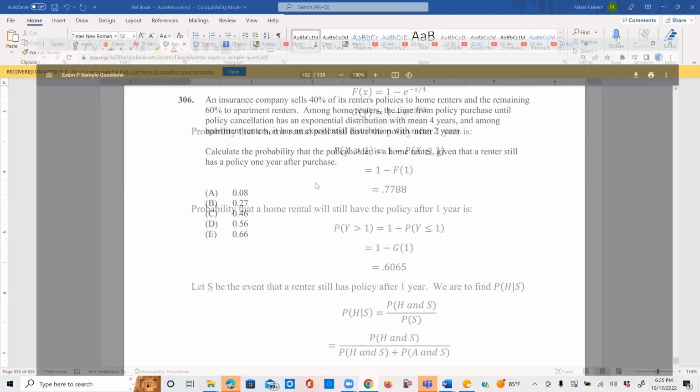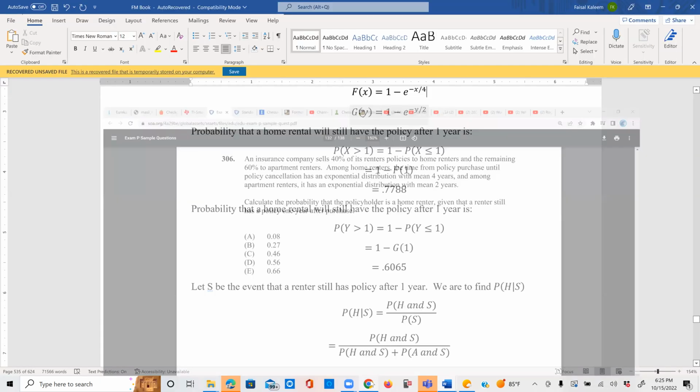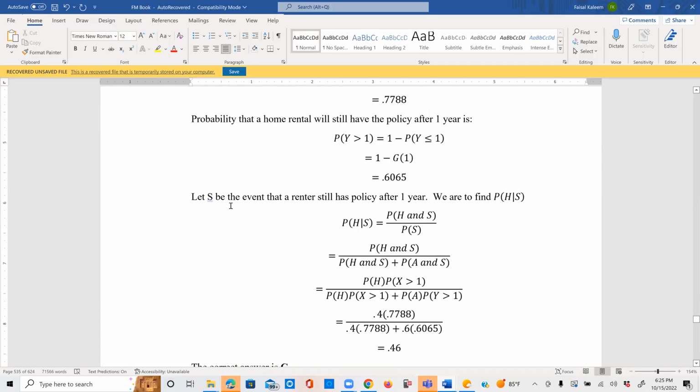If we go back to the problem, calculate the probability that it's a home renter given that the renter still has a policy after 1 year. And we are calling S the event that you still have a policy after 1 year.